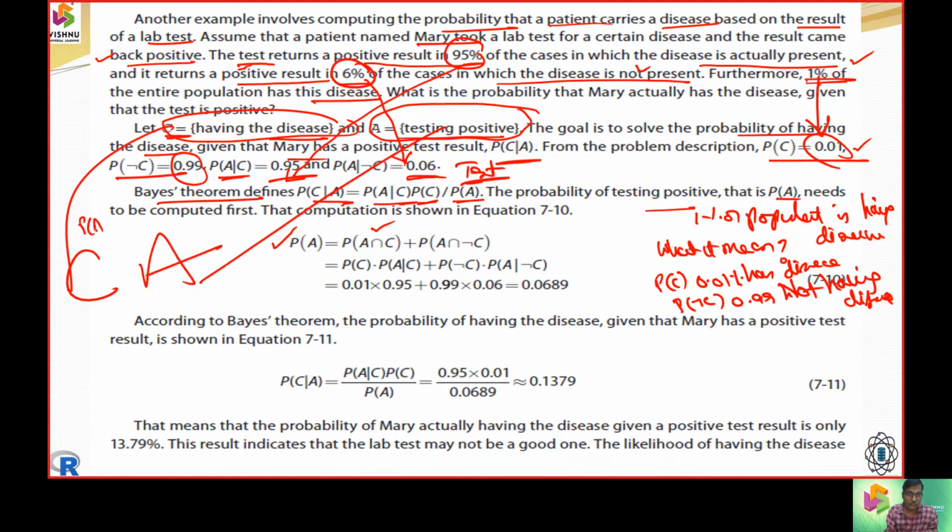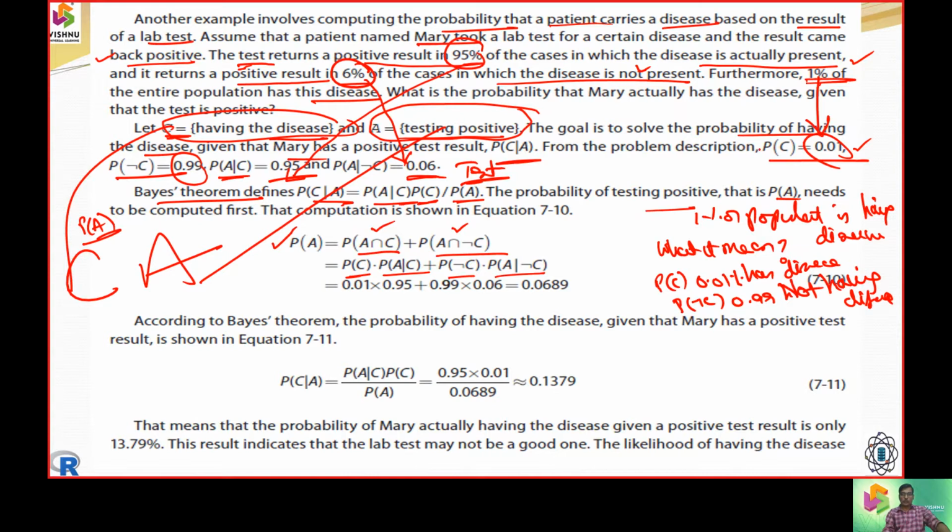Now we need to compute the probability of A. How are we going to compute it? We compute this with A intersection C plus A intersection negation of C. So now let us solve these in the next step. A intersection C is the probability of C into the probability of the occurrence of A when C happens, and similarly the probability of C not happening into the probability of A given C not happening.